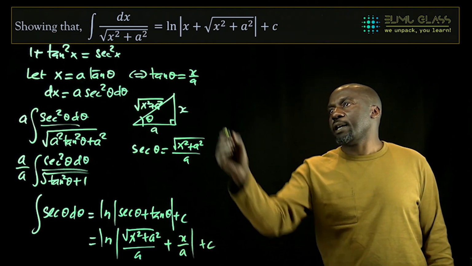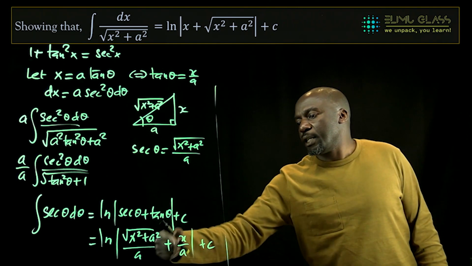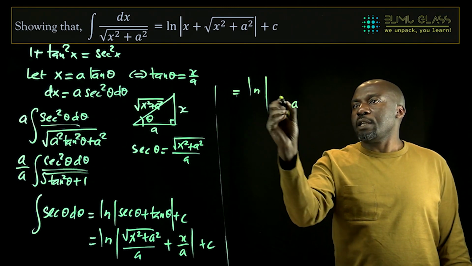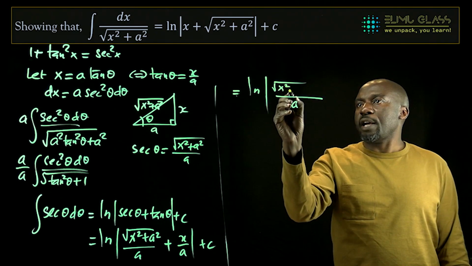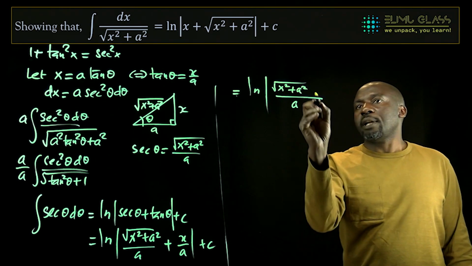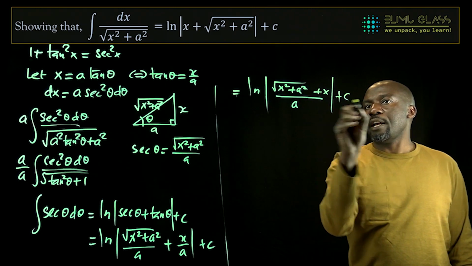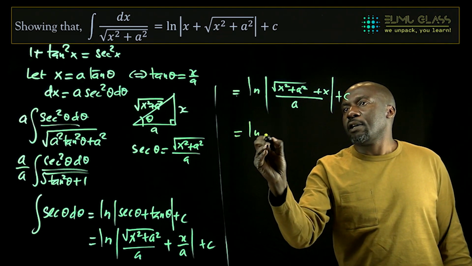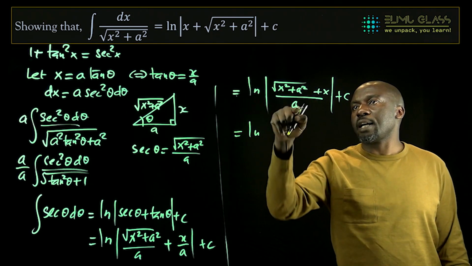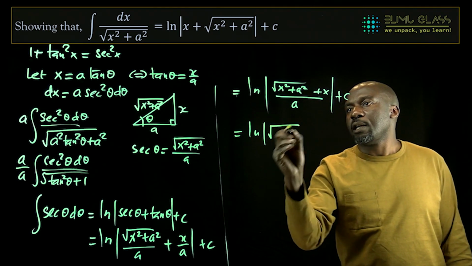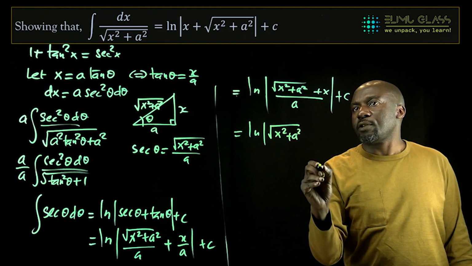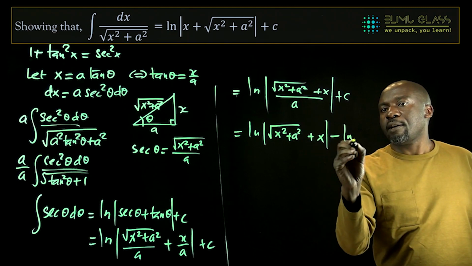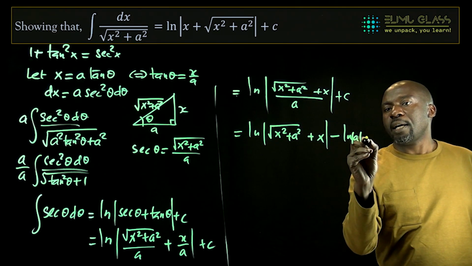If I combine these together, it's just a fraction. The integral is ln of, with a in the denominator, the square root of x squared plus a squared plus x, everything over a, plus c. Because this is a log, I can subtract. So I can write this as ln of the root of x squared plus a squared plus x, minus ln of a, plus c.